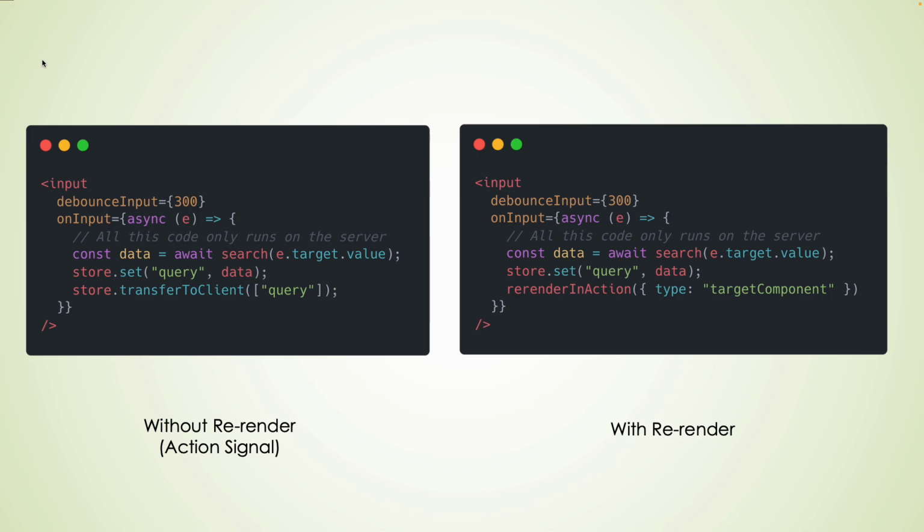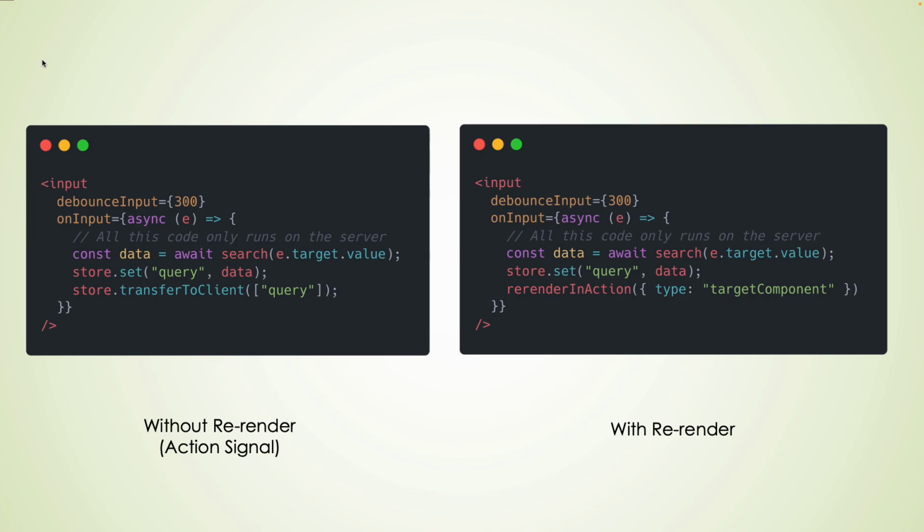we have two stores. We have one store on the server and another store on the client. So in each world, we have a different store. To understand a little bit better, this store on the server only lives in request time. So if the request dies, the store also dies. But to improve this communication, we can transfer some properties from one store to the other.